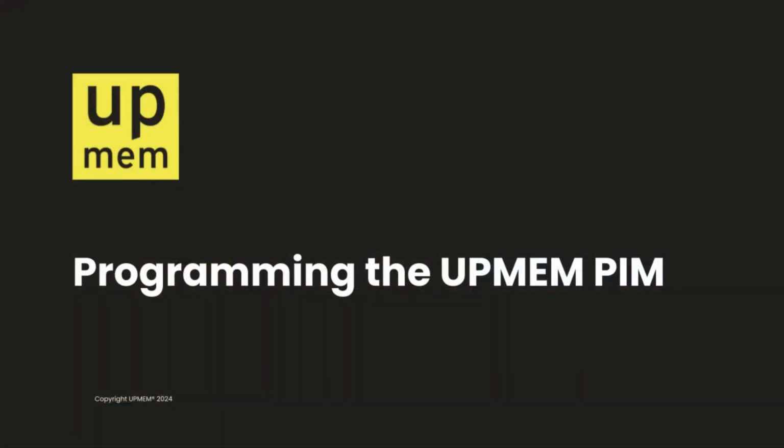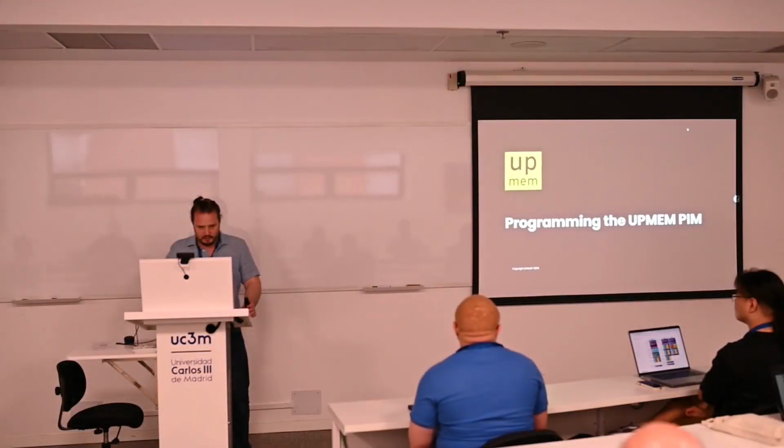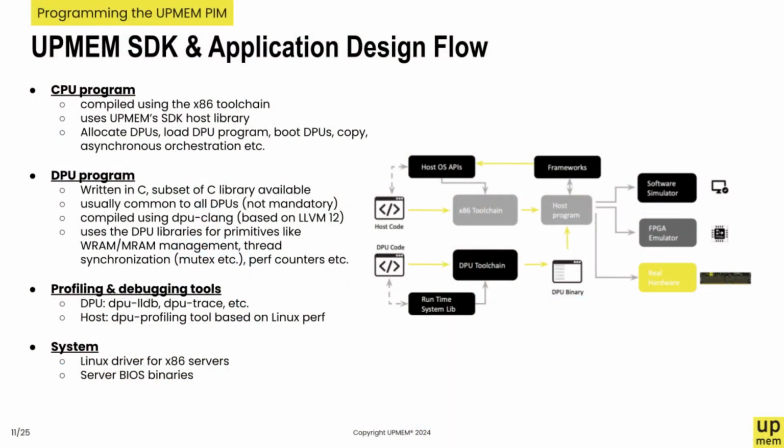So let's talk about the programming model of the PIM. Let's talk a bit about what the SDK looks like. You're going to be writing driving code that's going to run on an x86. For now, we only support x86 as a host platform.